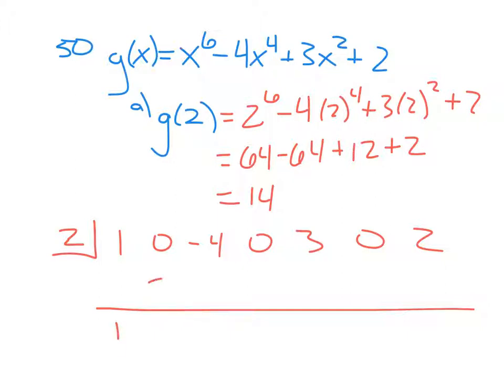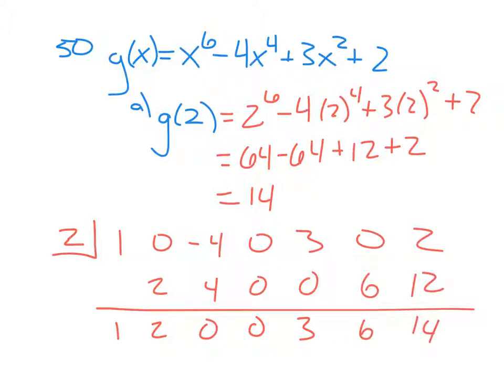So 1, 2, 2, 4, 0, 0, 0, 3, 6, 6, 12, 14. It's pretty cool, yeah? Well, at least that's as cool as it gets in math.